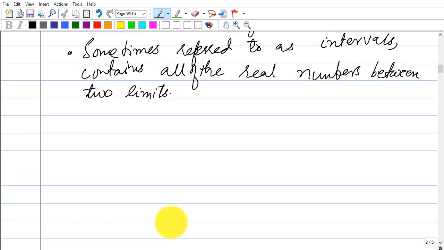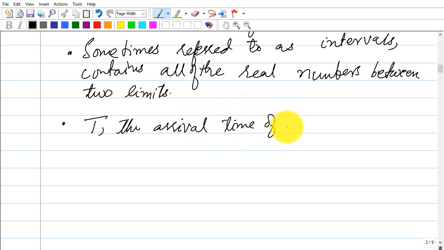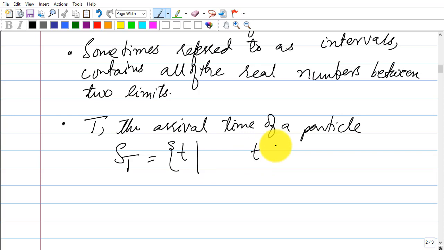So the examples include, maybe, the arrival time of a particle, t, in a certain experiment. That can be written as S_T, which is equal to t, such that t is less than infinity and greater than or equal to 0.